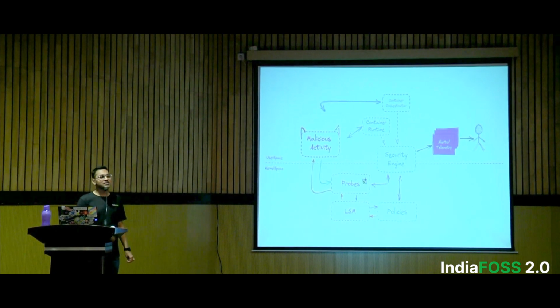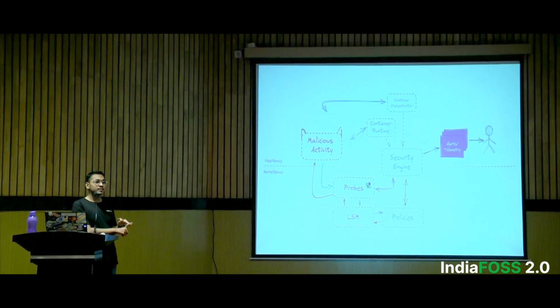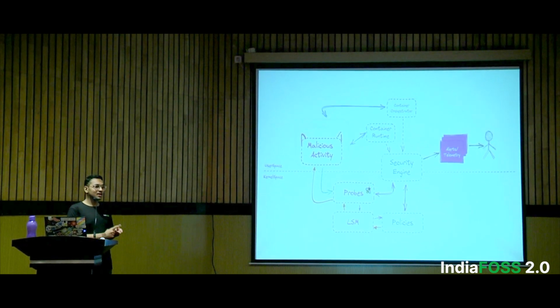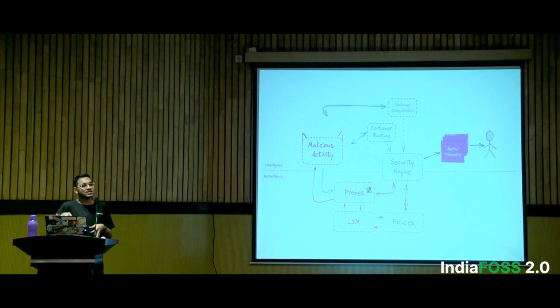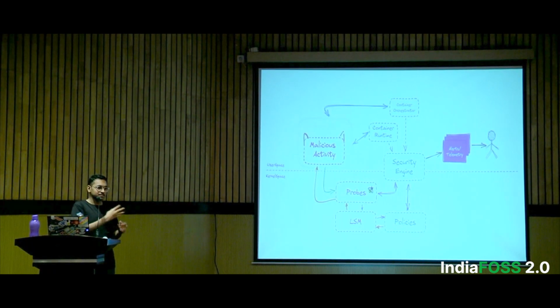But LSM hooks we can use for observability as well as enforcement, and they are placed strategically in the kernel such that these race conditions cannot be exploited, and we still have our observability and enforcement working as is.